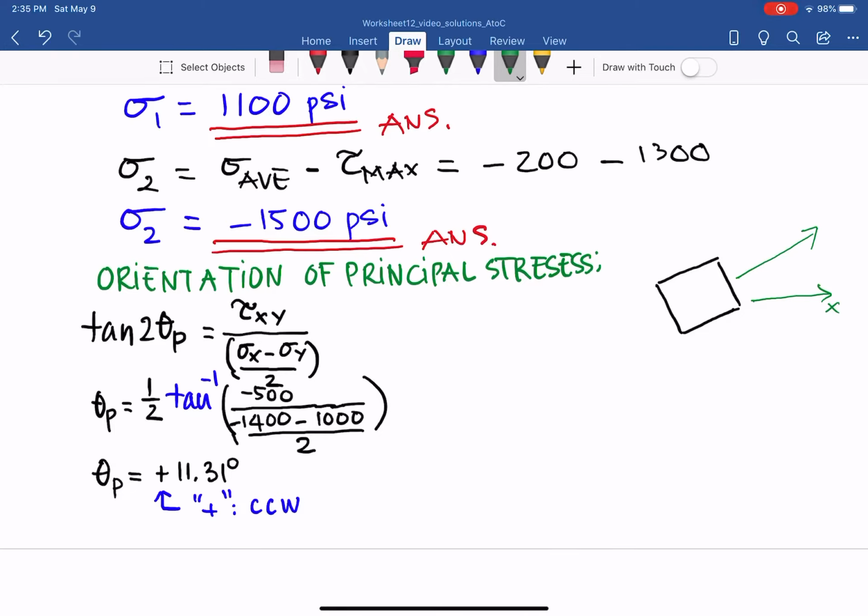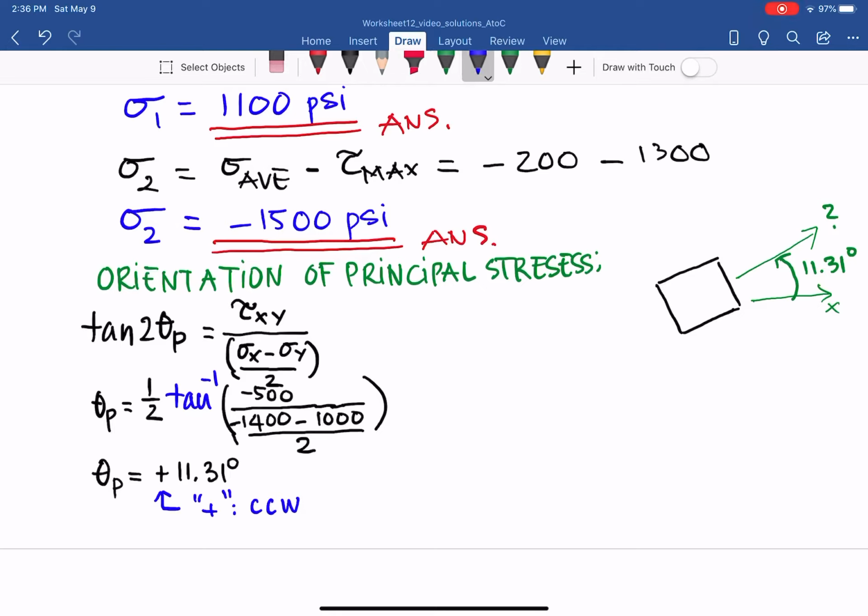This angle is counterclockwise from the original axis, and that is 11.31 degrees. And we want to know whether this axis is 1 or 2. So we need to look at the denominator.